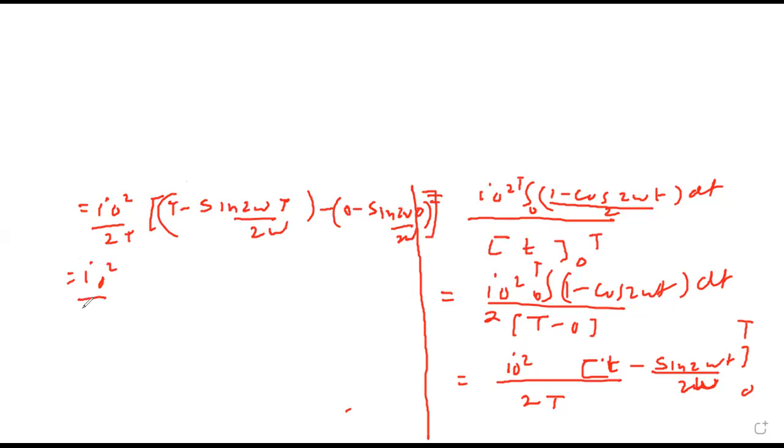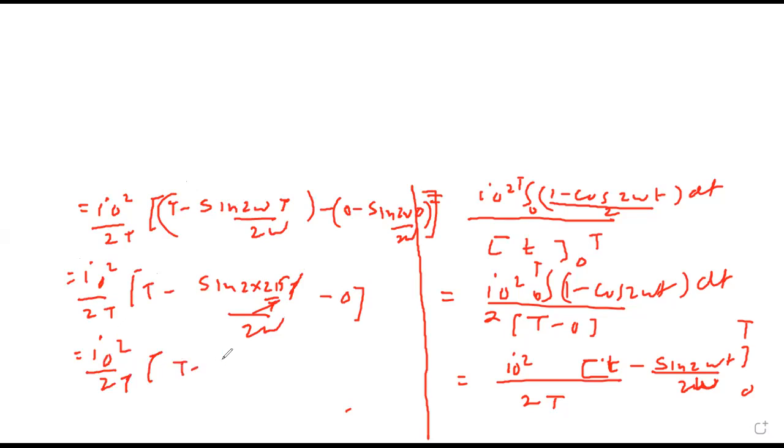So I naught square upon 2T, into T minus sine of 2 into 2 pi by T into T upon 2 omega. This term will become 0. T will also get cancelled, so I square upon 2. Therefore, taking square root, I RMS is I0 upon root 2.